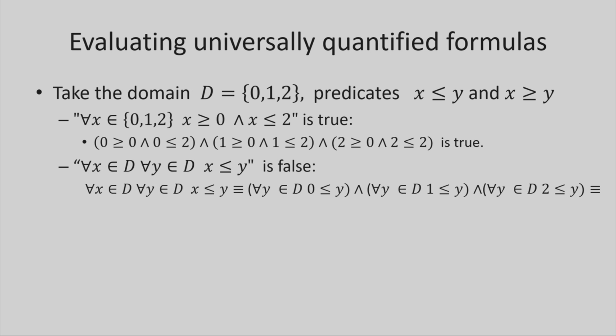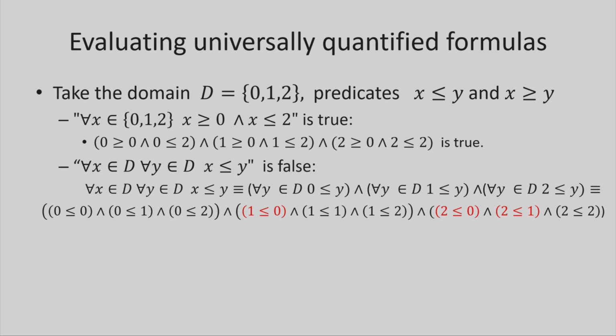So now let's do the same thing with the for all y quantifiers. So now we just treat each of those for all y in the domain, x less than or equal to y, as a separate formula. Let's write it out. So the first one becomes 0 less than or equal to 0 and 0 less than or equal to 1 and 0 less than or equal to 2.